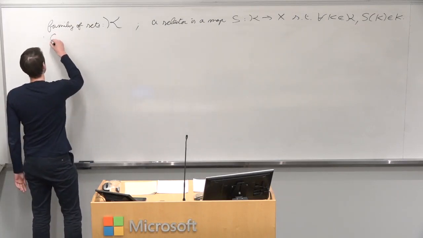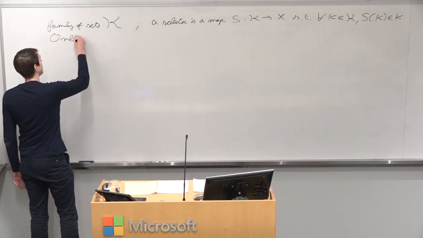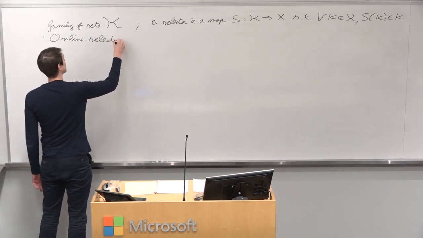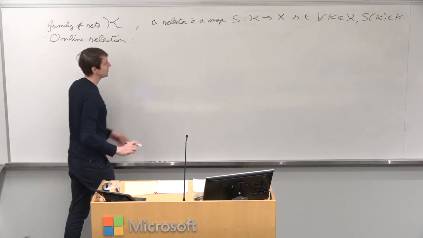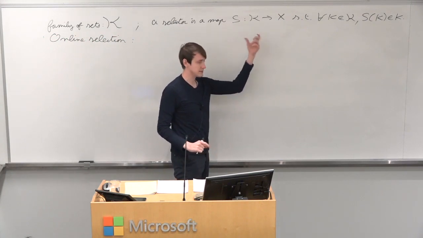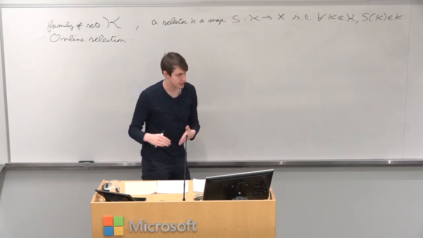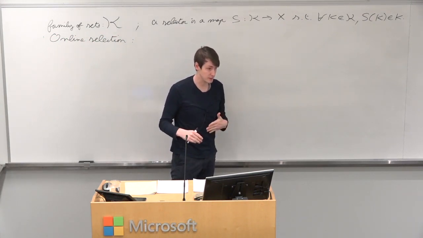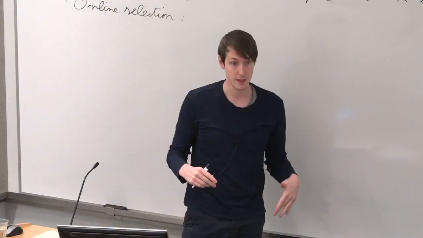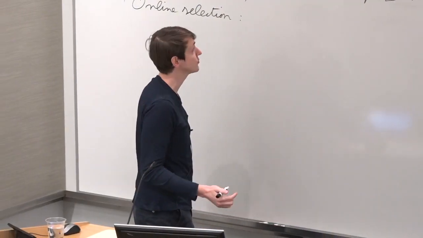Online selection is a much more sophisticated problem where instead of having a map which just takes one single set, it's going to take a sequence of sets. So the selector will have a memory, and we will want to use this memory to improve some properties.